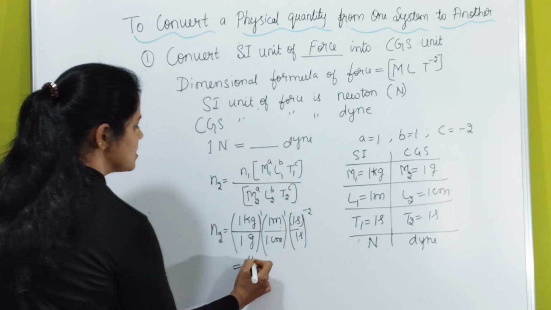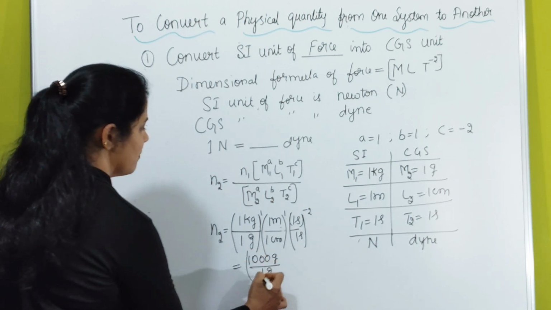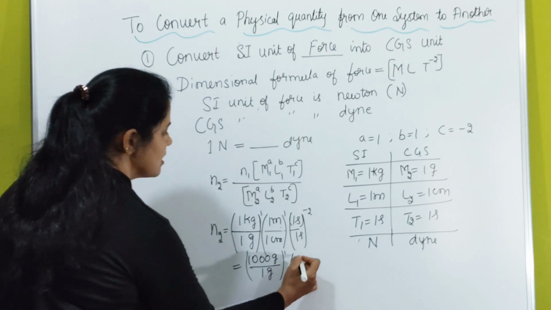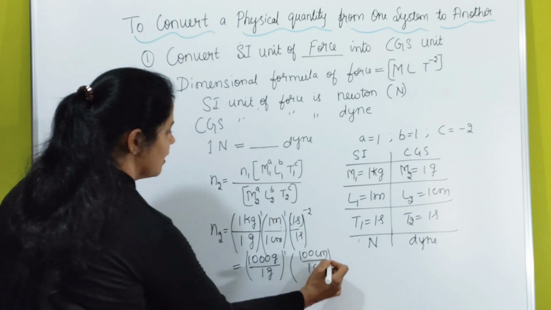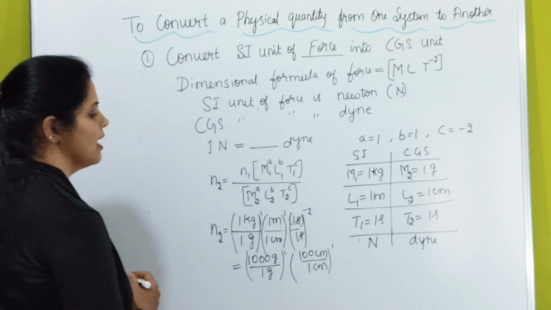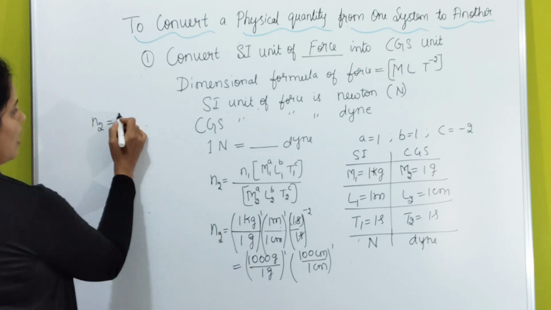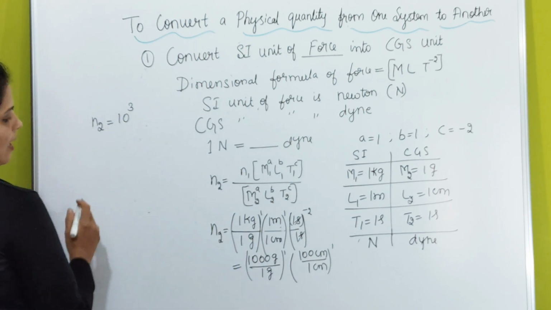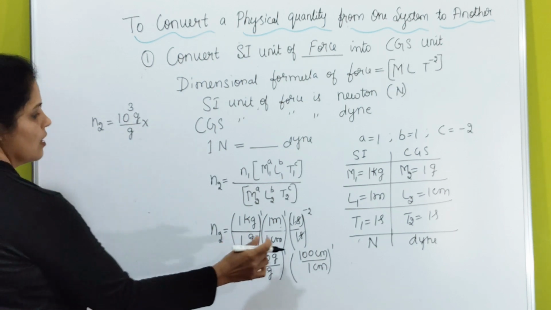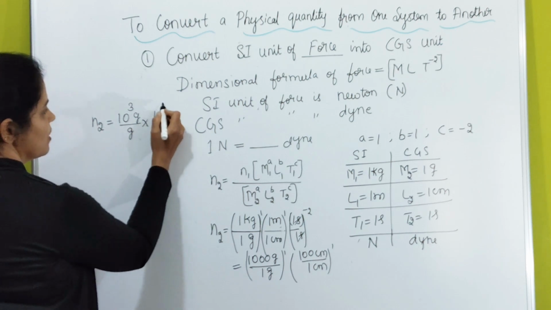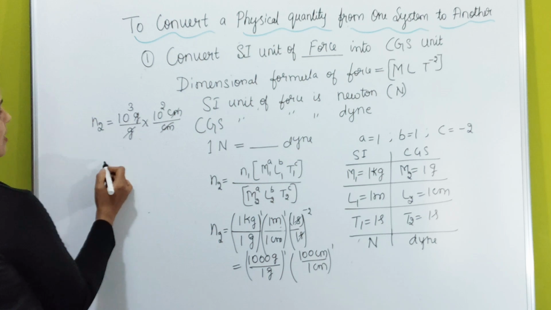1 kg is 1000 gram, divided by gram to the power 1. And 1 meter is 100 centimeter, divided by centimeter to the power 1. The 1 second cancels. So N2 is equal to 1000 gram, which I write as 10 to the power 3 gram, divided by gram, into 100 centimeter, that is 10 to the power 2 centimeter, divided by centimeter. These get cancelled.